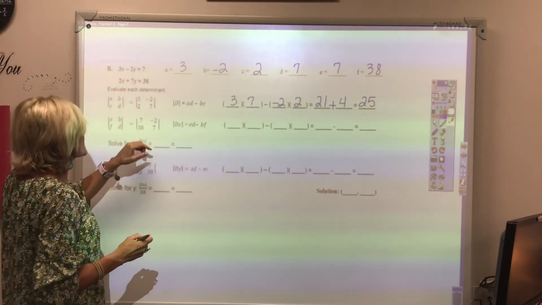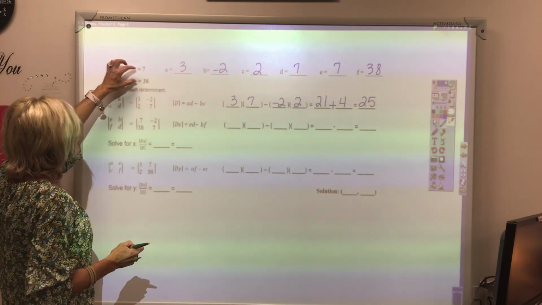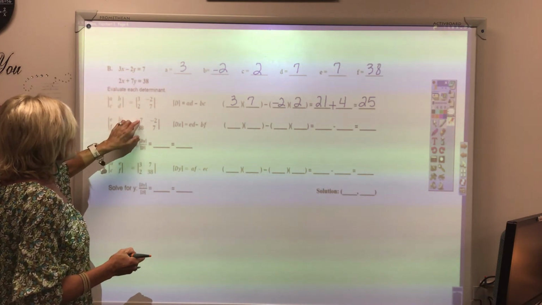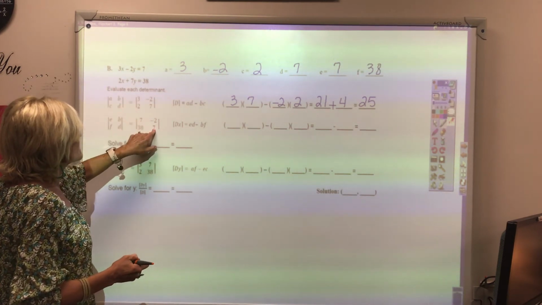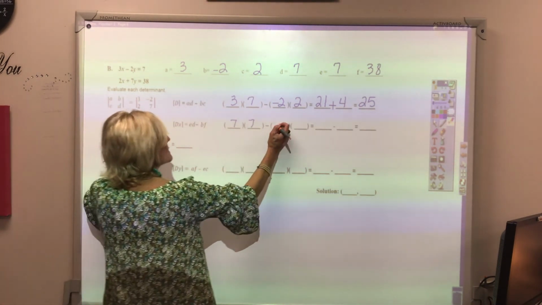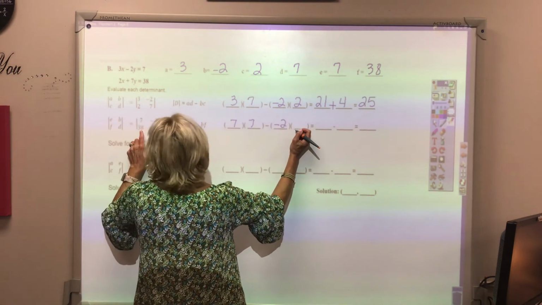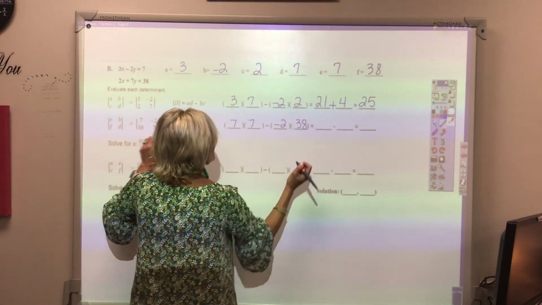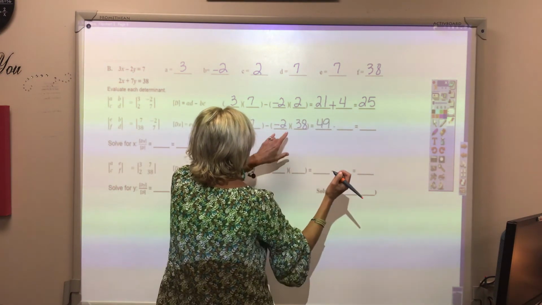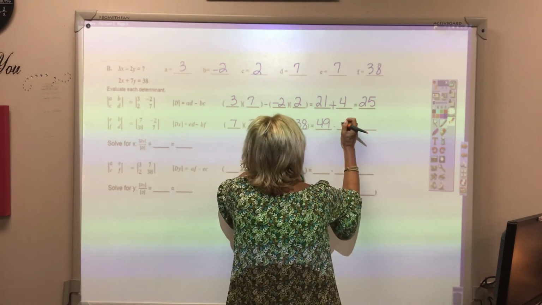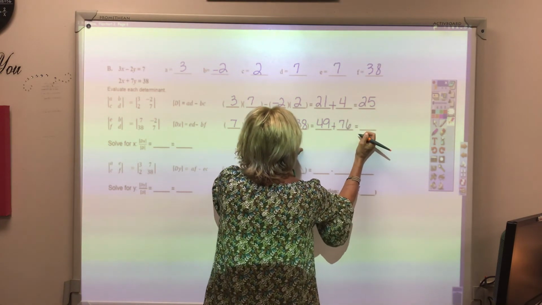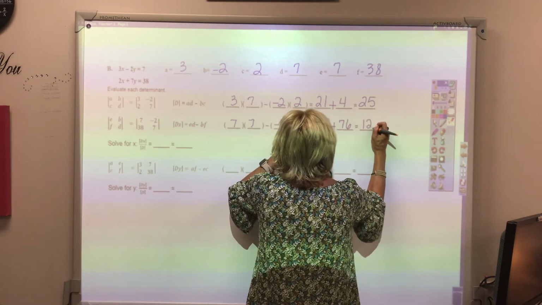To solve for x, we replace the 3 and the 2 with the 7 and 38, so you can see that down here. And then we do E times D, so 7 times 7 minus a negative 2 times 38 would give us 49 plus 76, which is 125.